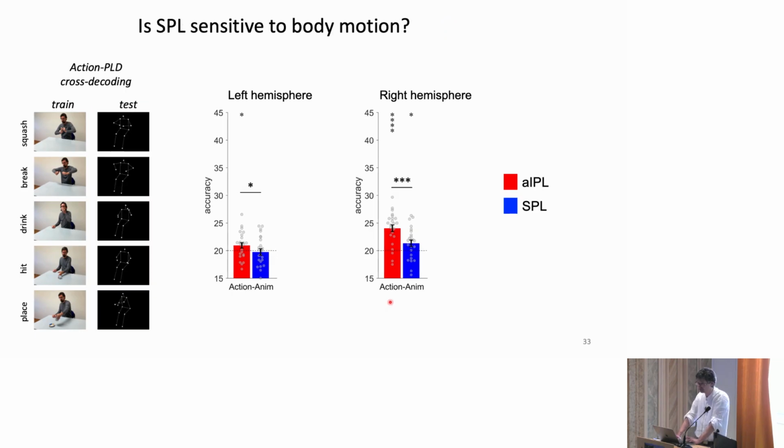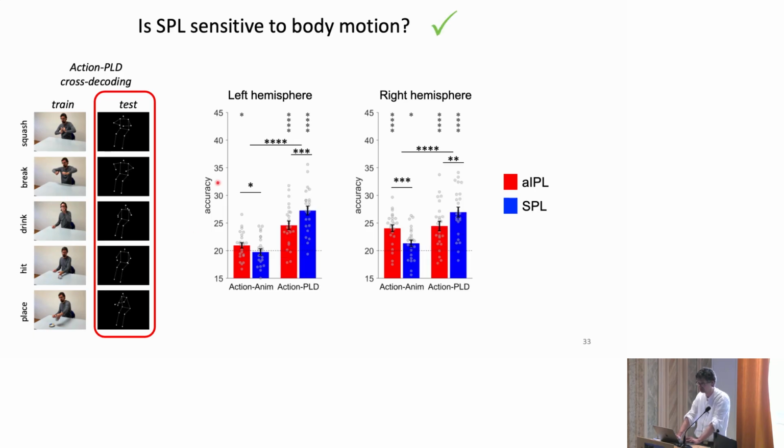Now, then we tested whether the SPL is particularly tuned to body motion, and for this we tested the classifier on the point light displays, and we found the opposite pattern, namely that the decoding was stronger in the SPL compared to the AIPL in both left and right hemispheres. So SPL and AIPL show a double dissociation in representing body motion and the effects they induce.